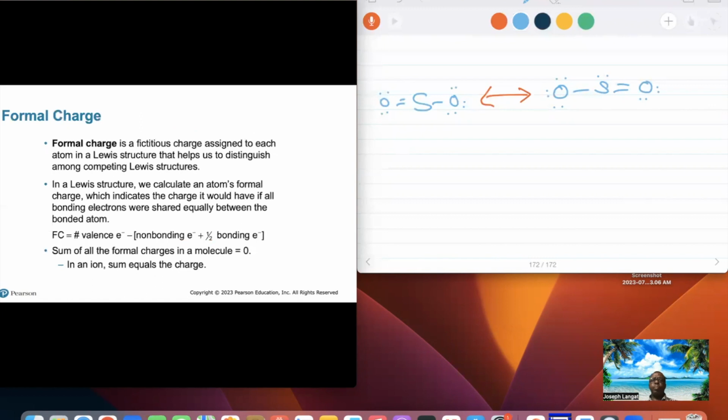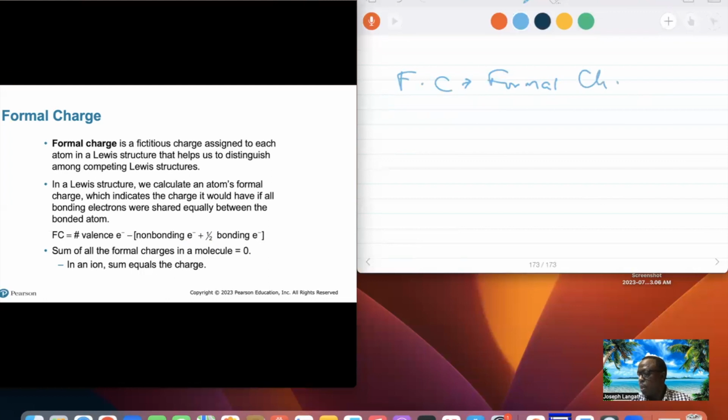Now, let's look at formal charge. It's fictitious: a number assigned to an atom in a molecule or polyatomic ion, and it is used to determine the most stable resonance structure for a particular polyatomic ion or molecule. I'm going to use FC for formal charge.